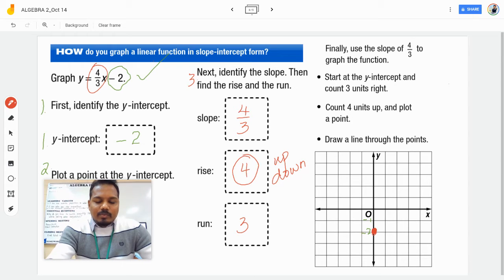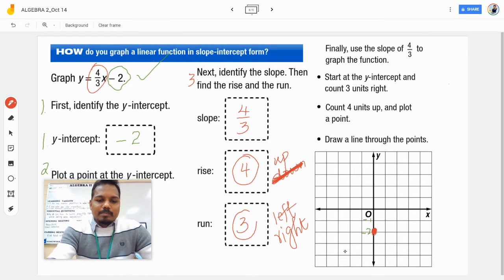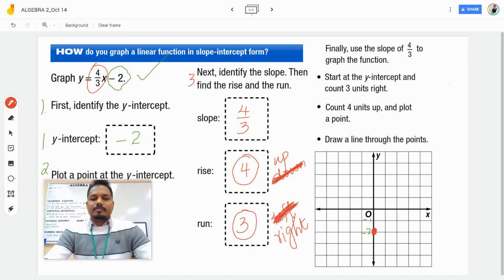As we have positive 4 here, our graph will be 4 units up. Similarly, run will be moving towards either left or right. Now look at the sign of the run value. As it is positive, it's definitely right. Okay, so with this information, let's move on to the next step.